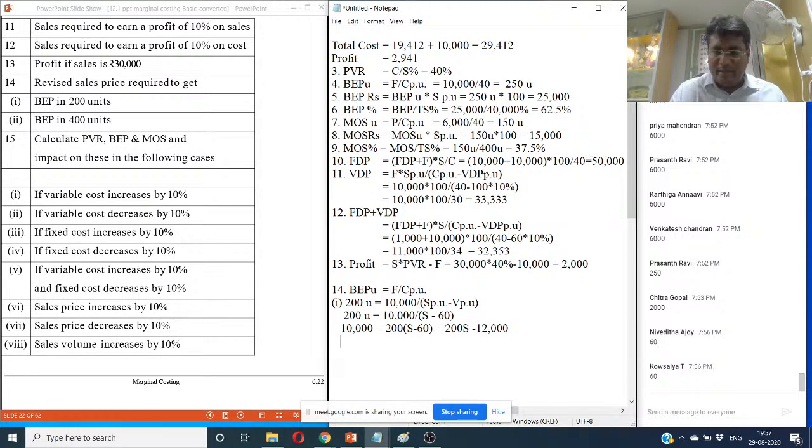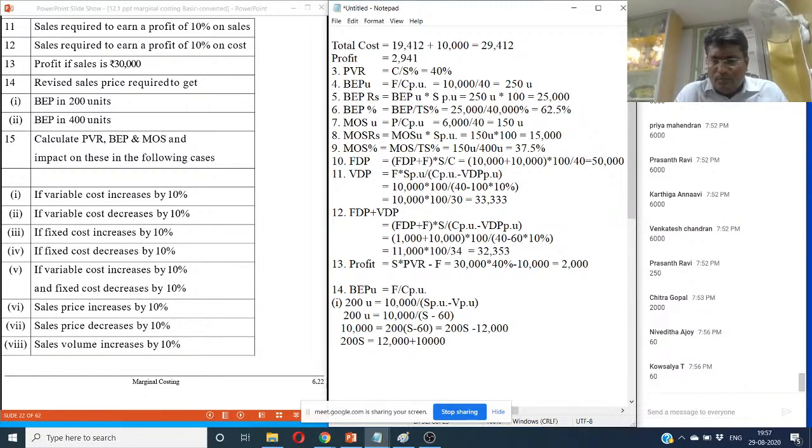And 200 S being 12,000 plus 10,000. Yes or no? Now 22,000 divided by 200.